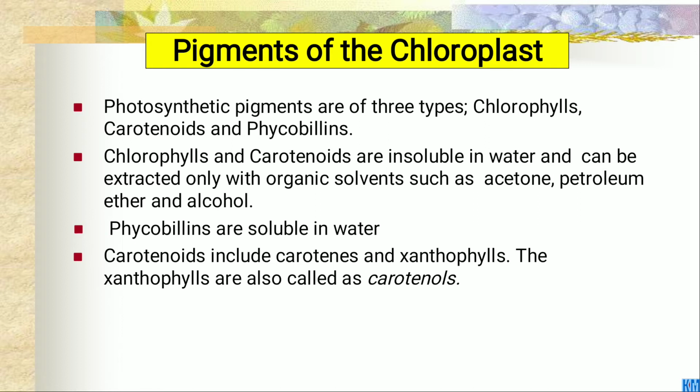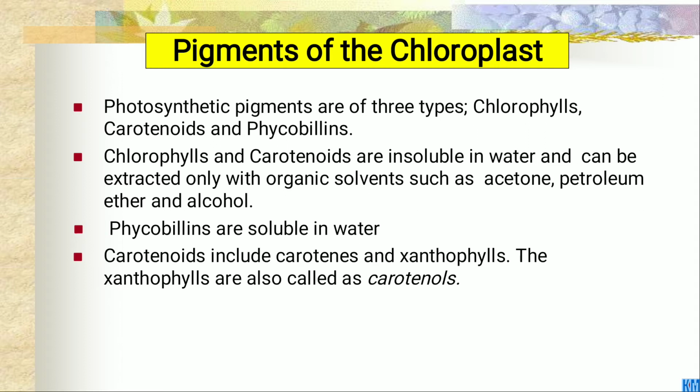Then 3 types are chlorophylls, carotenoids and phycobilins. The chlorophylls and the carotenoids are insoluble in water and can be extracted only with organic solvents such as acetone, petroleum ether and alcohol.